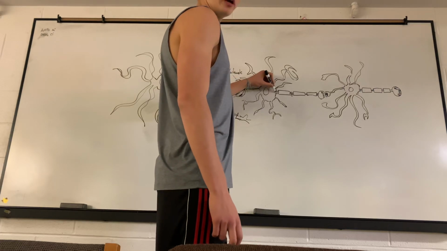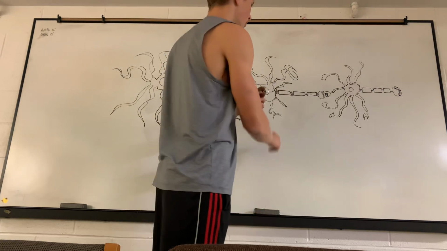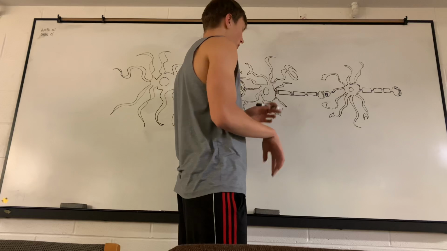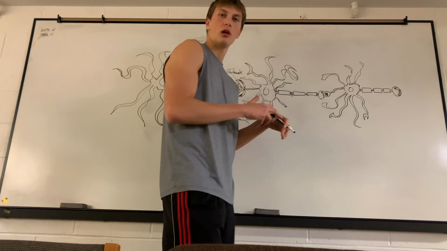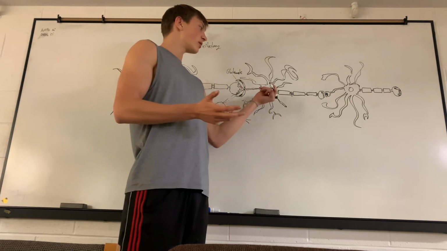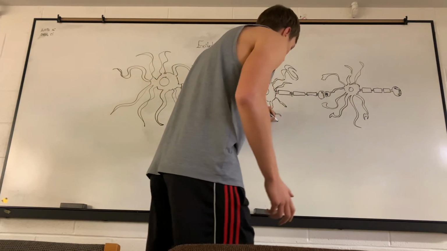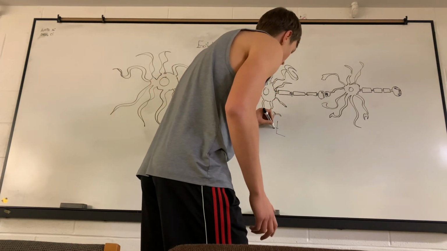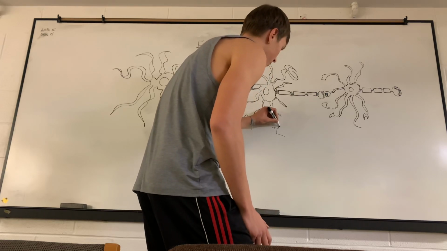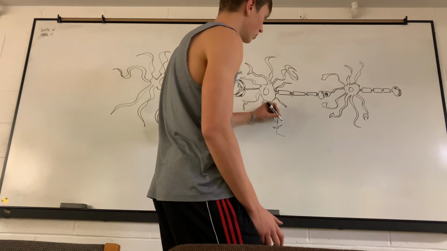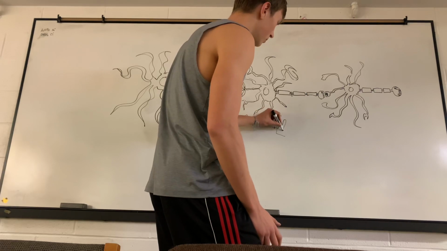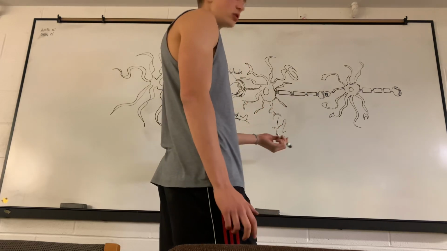And if enough EPSPs occur in the axon hillock, we'll reach threshold, which will allow for the activation of voltage-gated sodium channels, and this will allow for an action potential to occur. So we get enough EPSPs to reach threshold, allowing for our typical action potential.